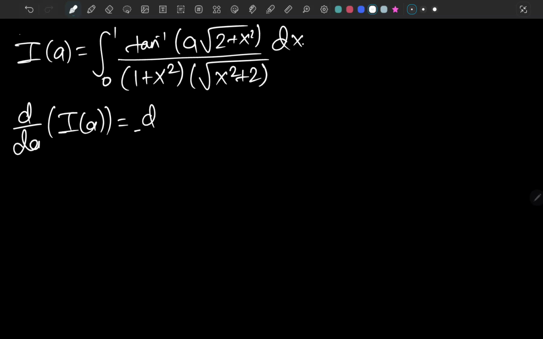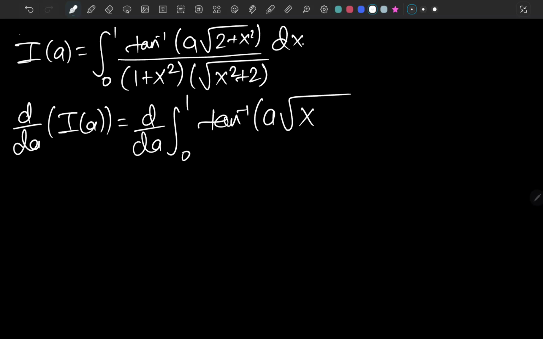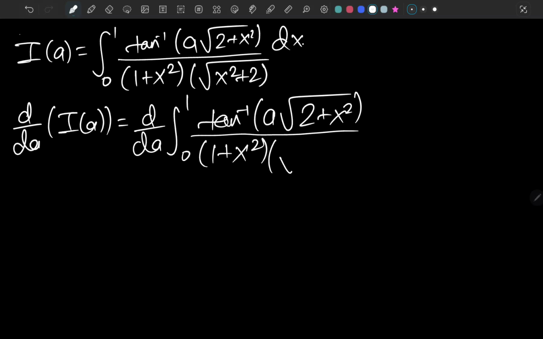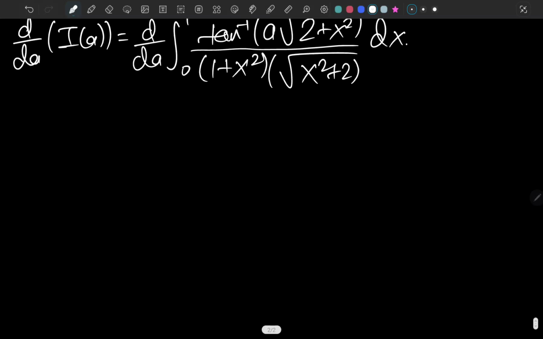something like this, integral from 0 to 1 arc tangent of a times square root of 2 plus x squared, over 1 plus x squared times square root of x squared plus 2 dx.